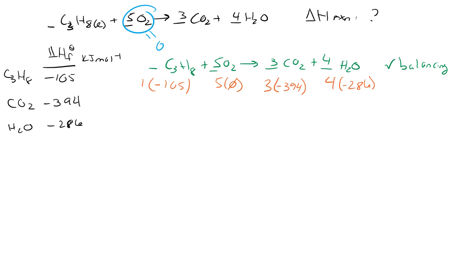So now, let's calculate the delta H. Remember, the delta H of reaction equals the summation of the delta H of formation of your products minus the delta H of formation of your reactants.